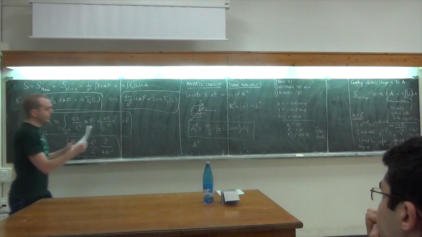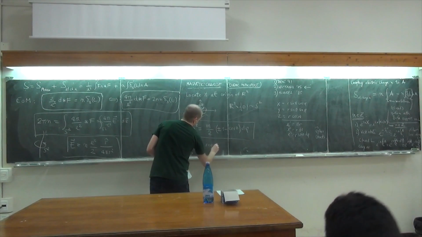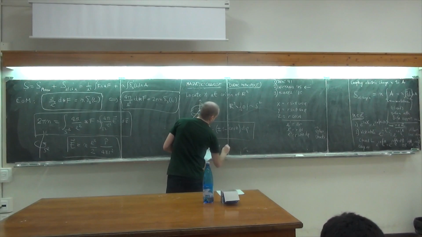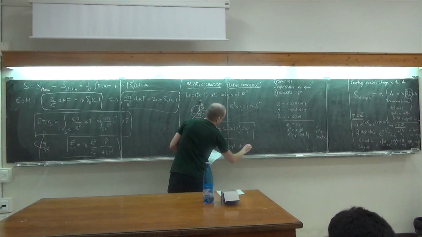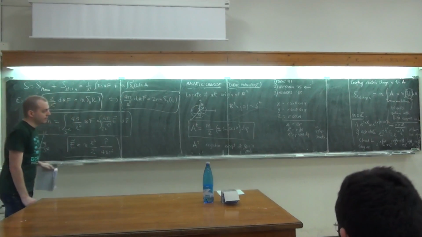So in particular, A plus is regular everywhere except at theta equals pi, which is the south pole. Why is that?